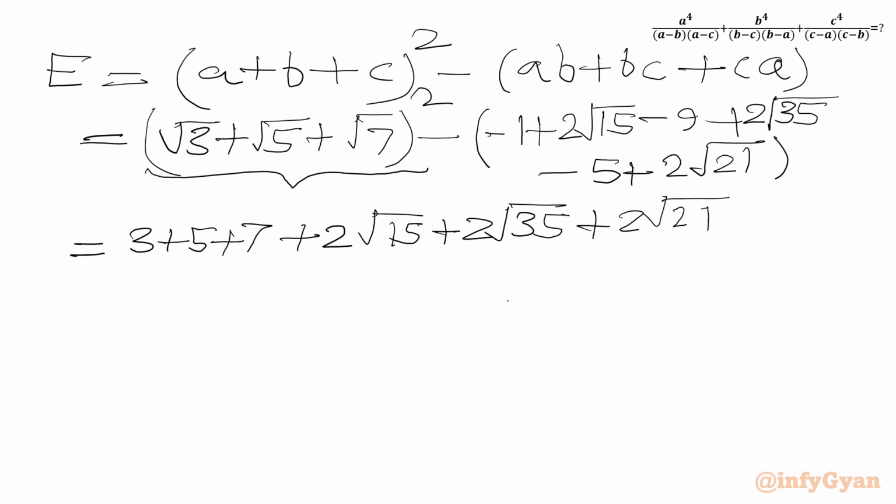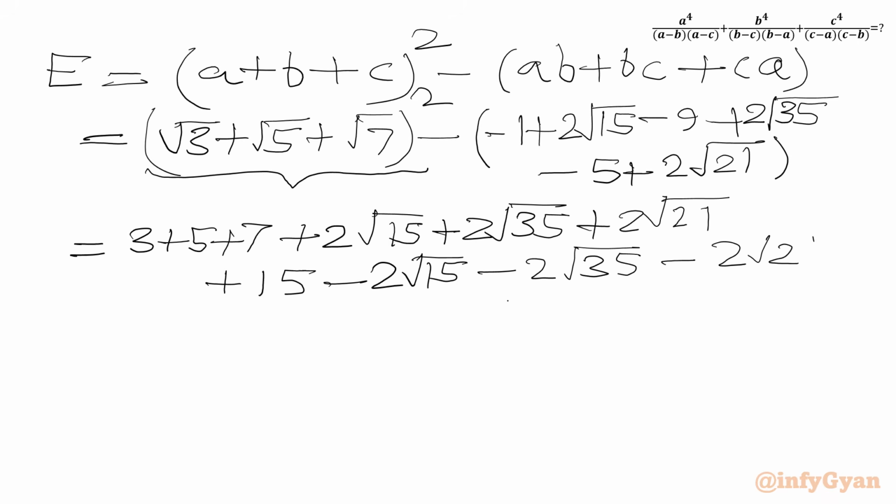Then in the bracket, minus 1, minus 9, minus 5. We will write here plus 15. Minus times minus becomes plus. Minus 2 root 15, minus 2 root 35, minus 2 square root 21.